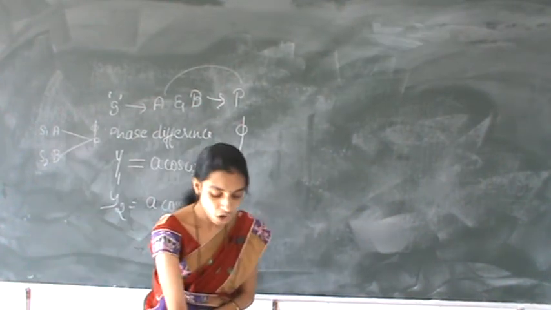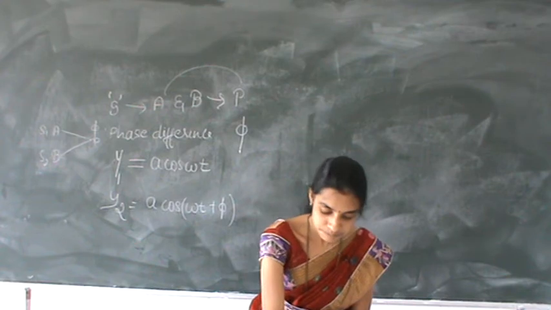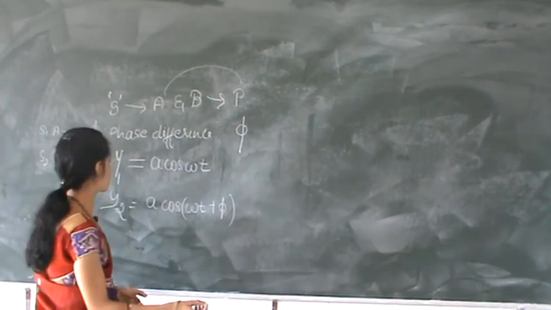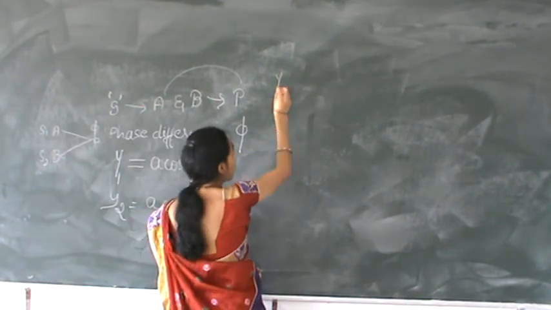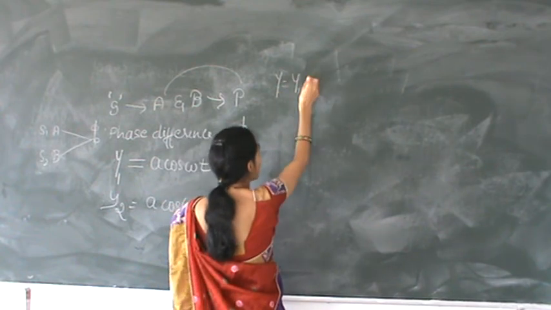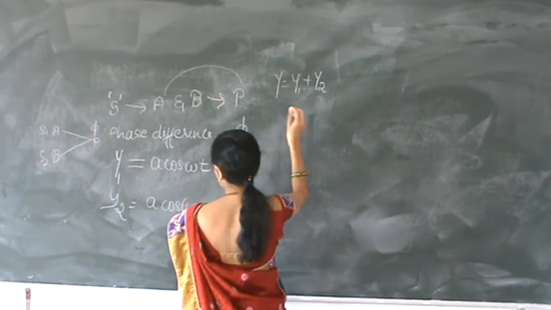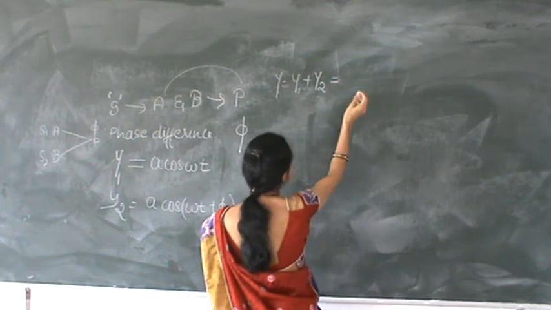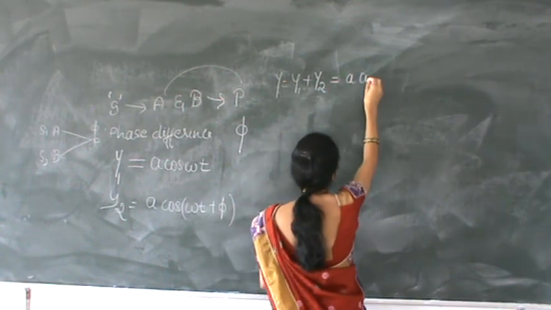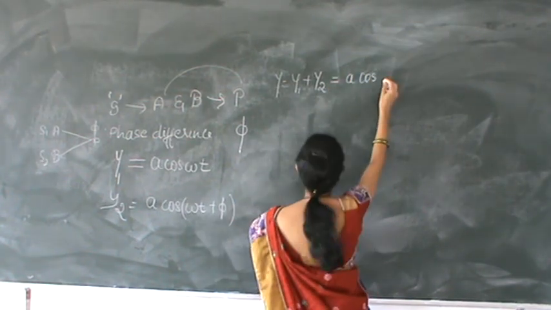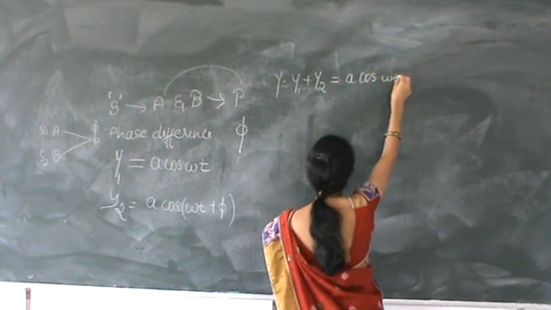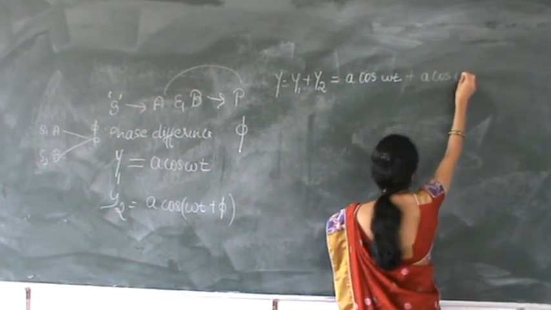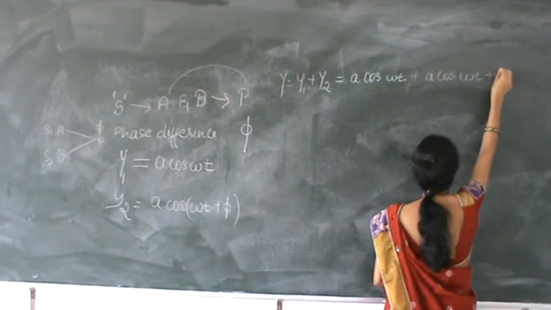The resultant displacement is y equal to y1 plus y2, which is A cos omega t plus A cos of omega t plus pi.